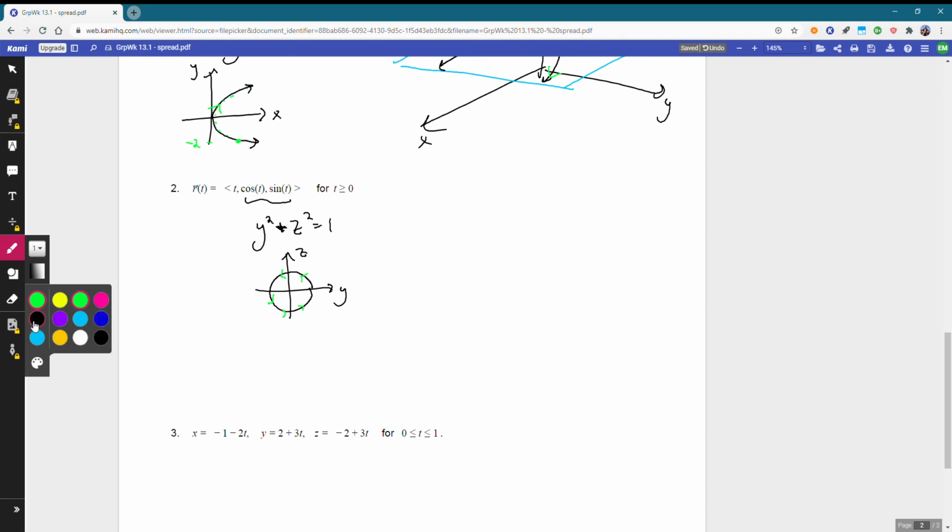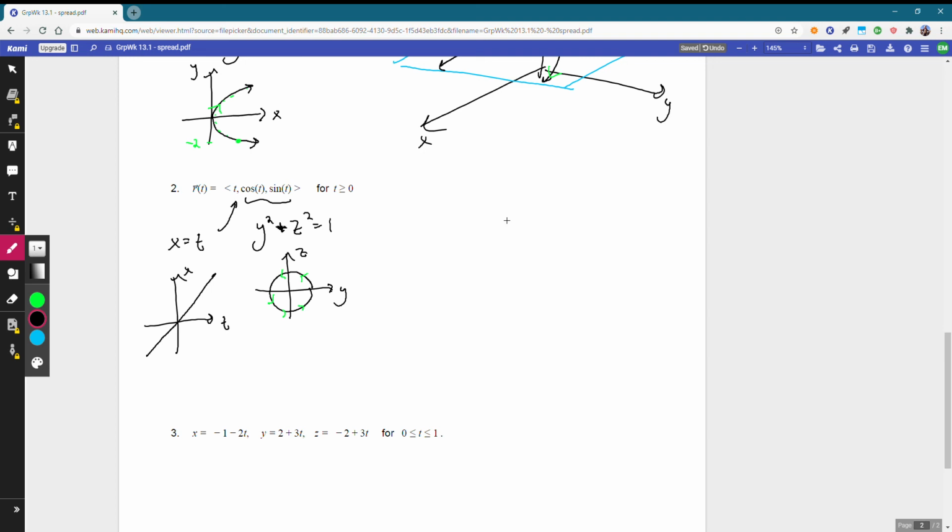Now, incorporating our x movement as well, here we see that x is equal to t. And so thinking about that, this is our standard slope 1 function. So negative t's, we're going to get negative x's, and it's going to keep on growing. We can get as big as we'd like as we increase t.